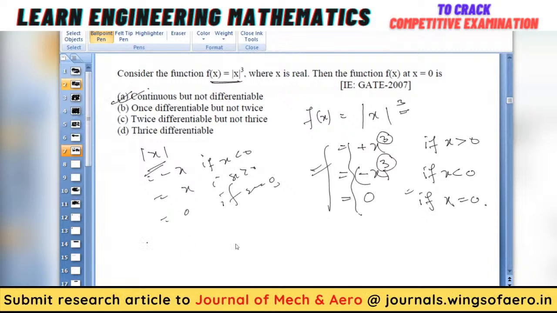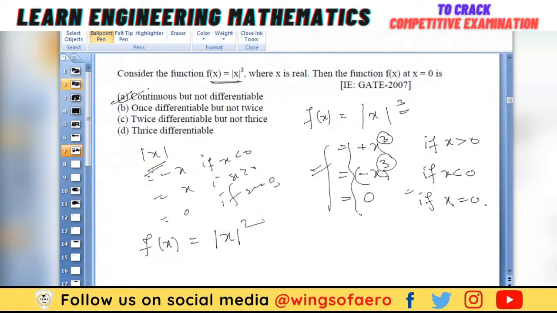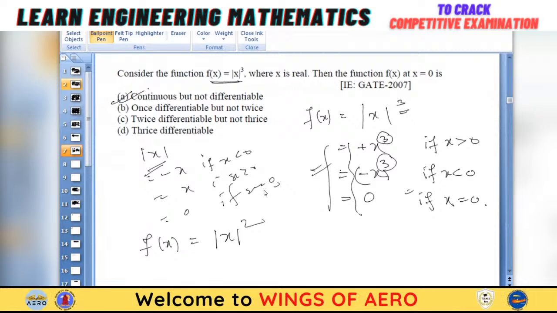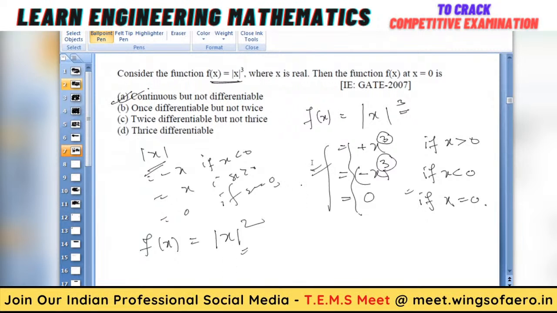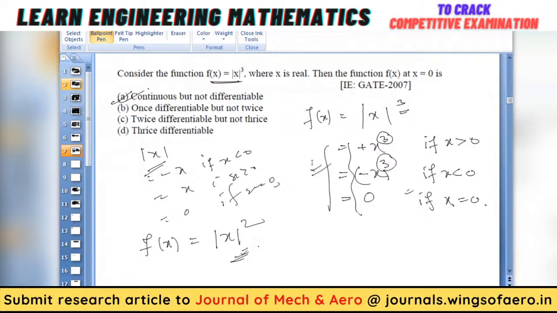Can anybody say, if I change the function to f(x) equal to x square, then what will happen? Is it differentiable or not? If I change the function to x square, then it becomes differentiable.